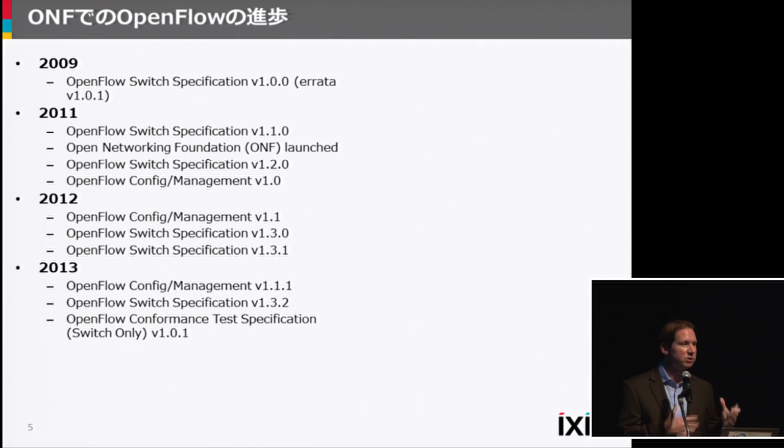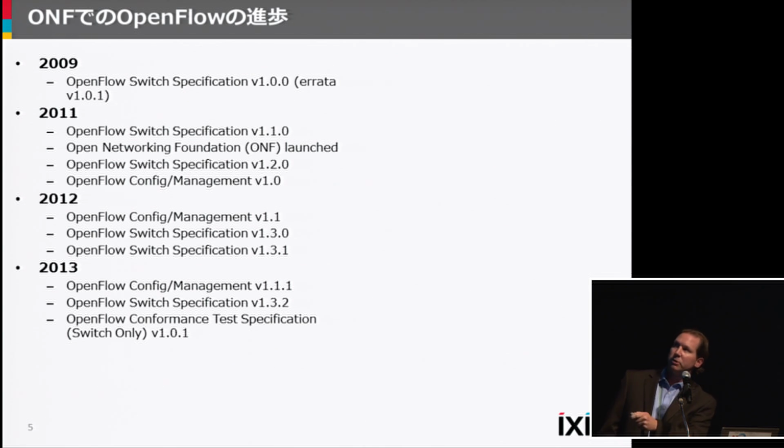So they thought about standards bodies like IETF or IEEE. They decided to create a not-for-profit organization called the ONF, Open Networking Foundation. The intellectual property rights of OpenFlow are now owned and controlled by the ONF. That's important, and it's a member-led community.